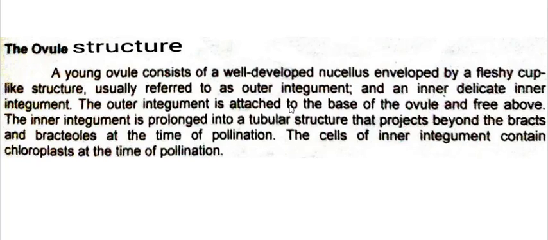The outer integument is attached to the base of the ovule and free above, and the inner integument, at the time of pollination, is prolonged into a tubular structure to form a micropylar tube that projects beyond the bracts and the bracteoles present around this ovule, and the cells of the inner integument contain chloroplasts at the time of pollination.